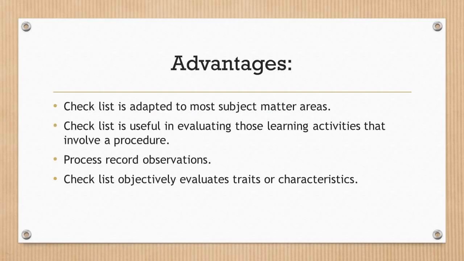So here are the advantages and disadvantages of checklists. Advantages. First, a checklist is adapted to most subject matter areas. Second, a checklist is useful in evaluating those learning activities that involve a procedure or process. Third, it records observations, and fourth, a checklist objectively evaluates traits or characteristics.